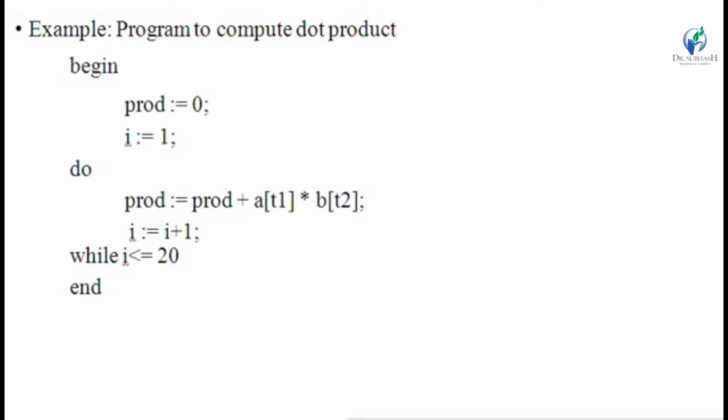So where the value of I is less than or equal to 20, at that time this do while is repeated.